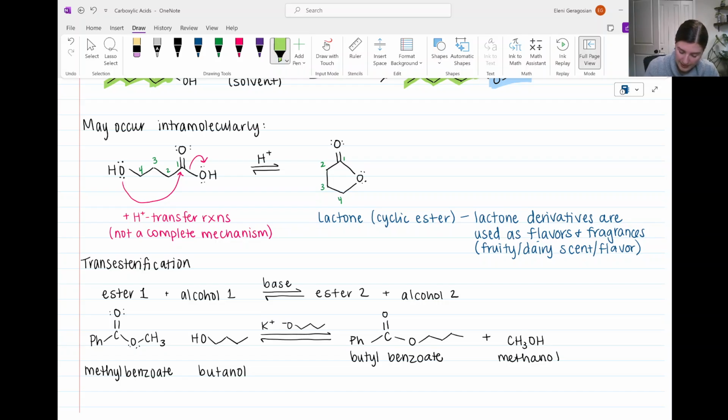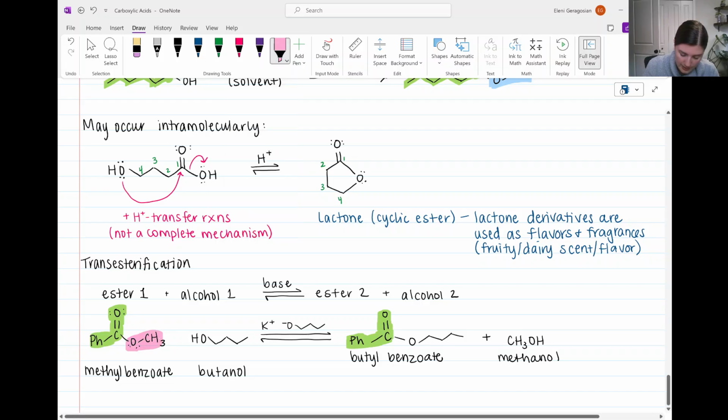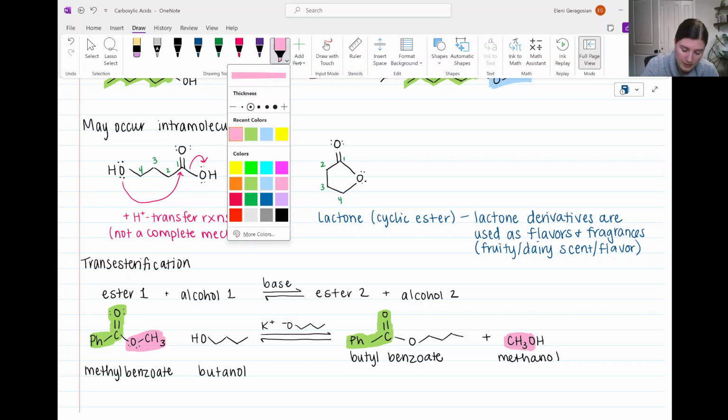So let's trace some atoms here. The carbonyl and the phenyl group are present in both esters. This OCH3 is now present in the second alcohol, so the alcohol product.